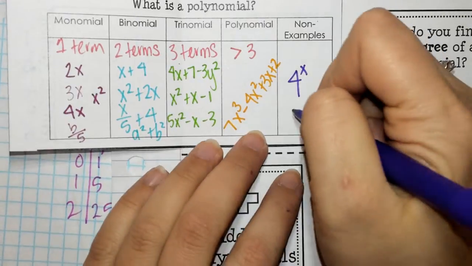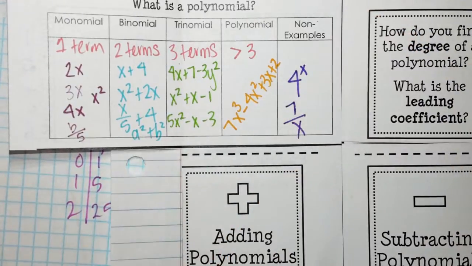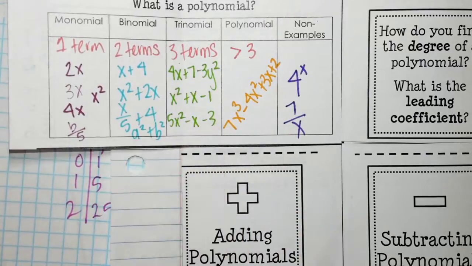This is also not a function. It's not a polynomial. Sorry, not a function. It's a 49, which is actually 7 squared.